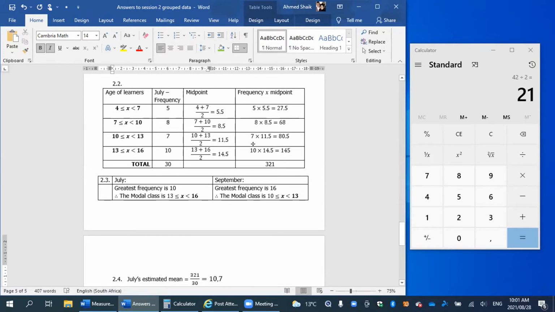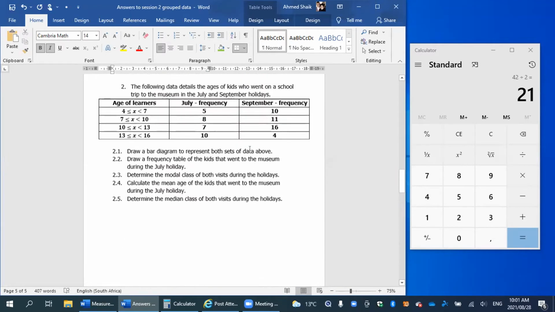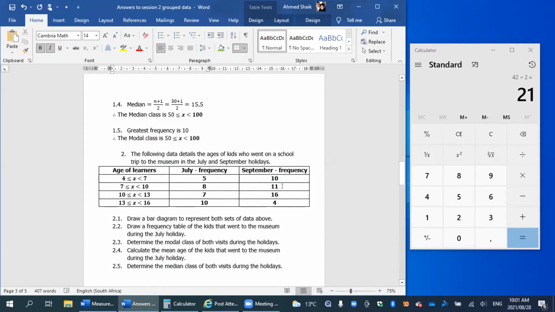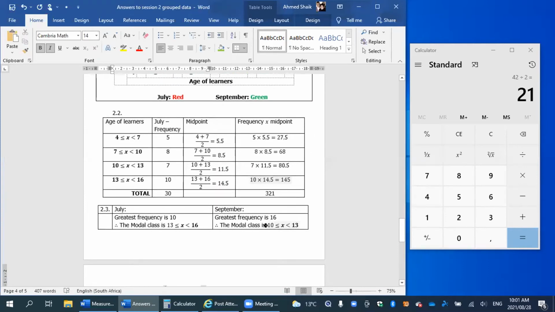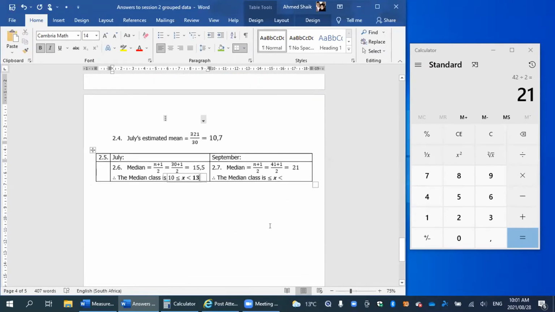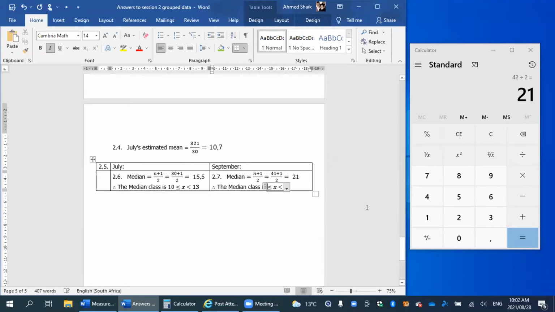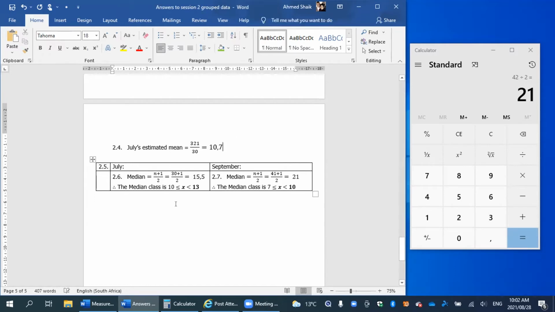And let's look at where 21 lies in the frequency column for September. 10 plus 11 is 21. It tells us it lies in the second interval, 7 less than or equal to x, which is less than 10. Okay, and that was the median class for July, and that was the median class for September.